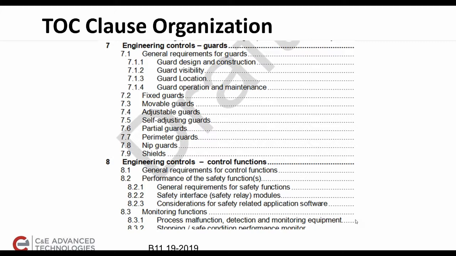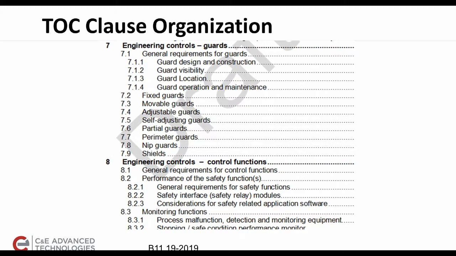It's probably a little clearer if I can give you a quick look at the table of contents. You see there in the guards section, we have the general requirements on guards, how they're physically constructed, their location, operating and maintenance, and so on. And under there are subclauses which continue to identify the specific requirements for the various types of guards and their specific applications.